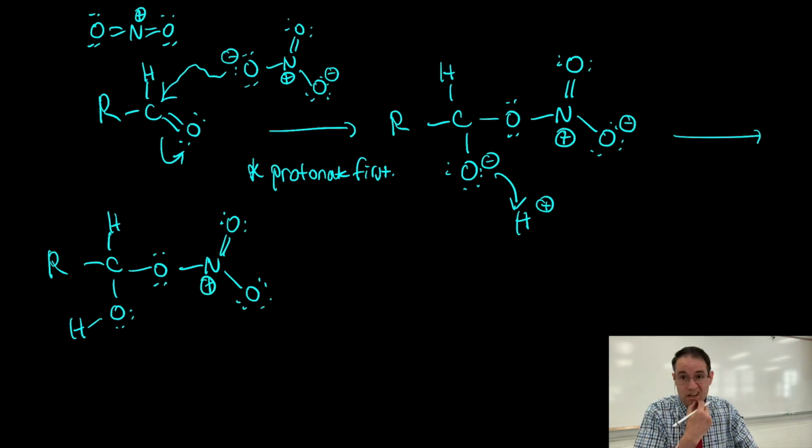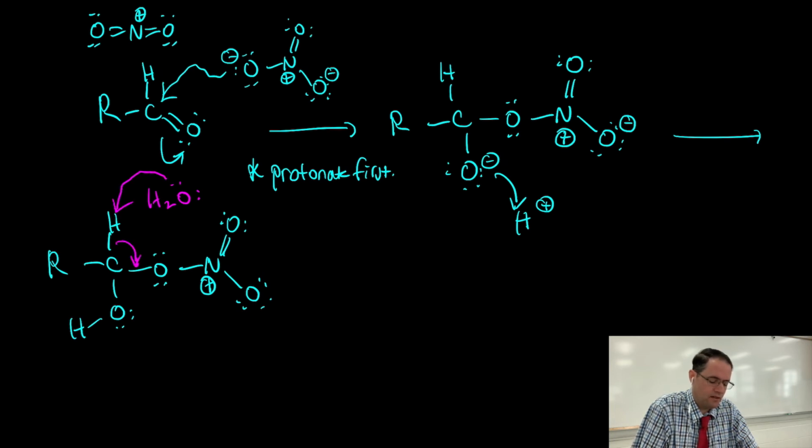Okay, now what we want to do is do the same kind of thing we did with the bromine reacting with aldehydes to give you carboxylic acid. So grab water. And do that nice elimination reaction there.